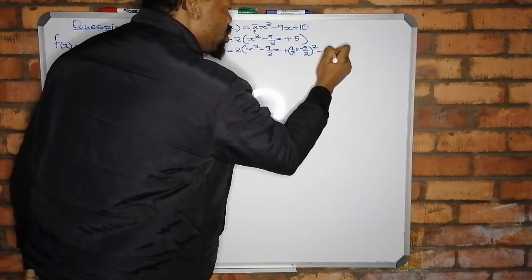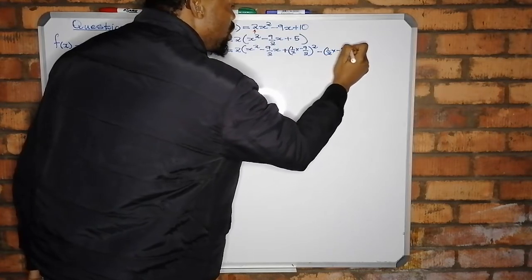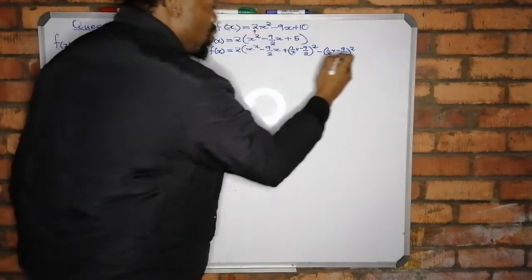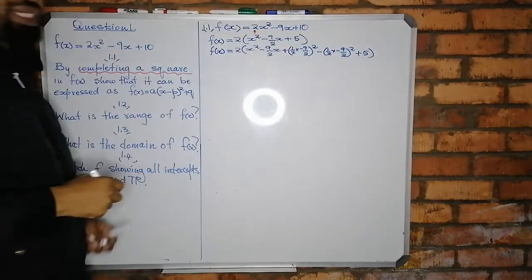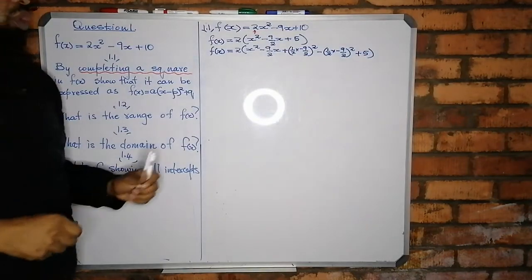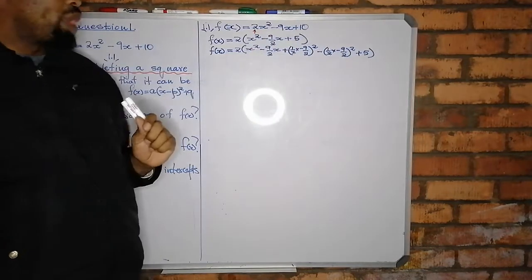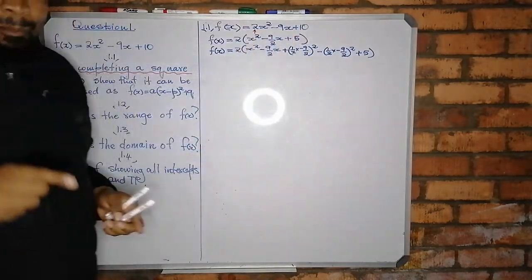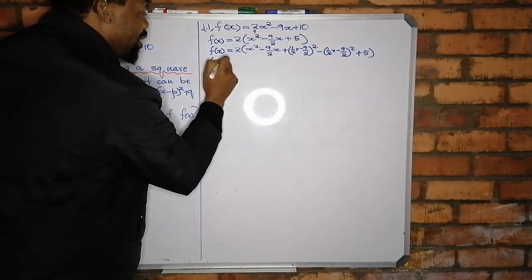That is 1 over 2 multiplied by negative 9 divided by 2 all squared. Then we add that 5, which was always there. Now, what are we doing here? Completing a square. We are making this expression a perfect square. That is what we mean by completion of the square.